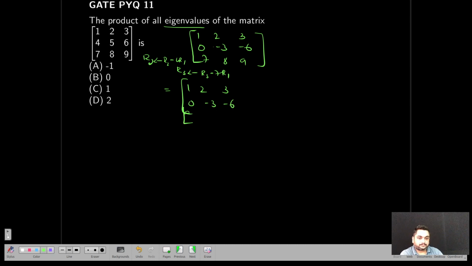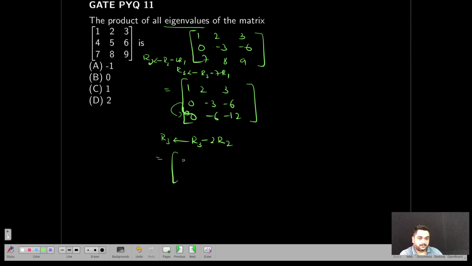Then this will be 0, 8 minus 14 is minus 6. Then 9 minus 21 is minus 12. So again I can reduce this. R3 is equal to R3 minus 2R2.